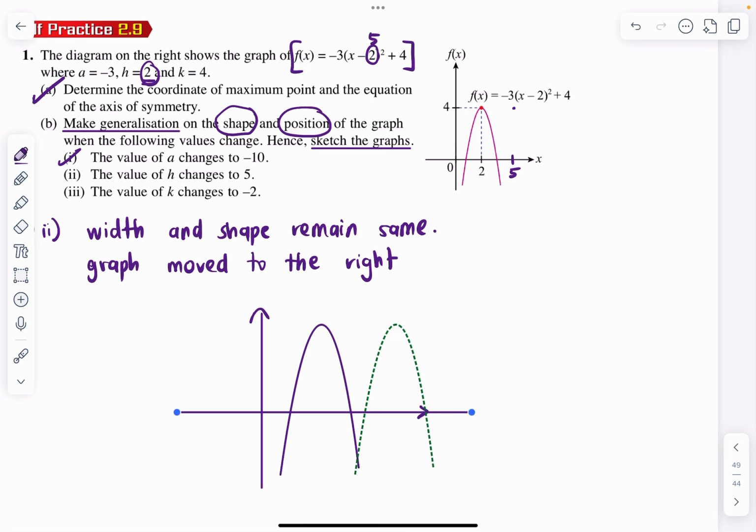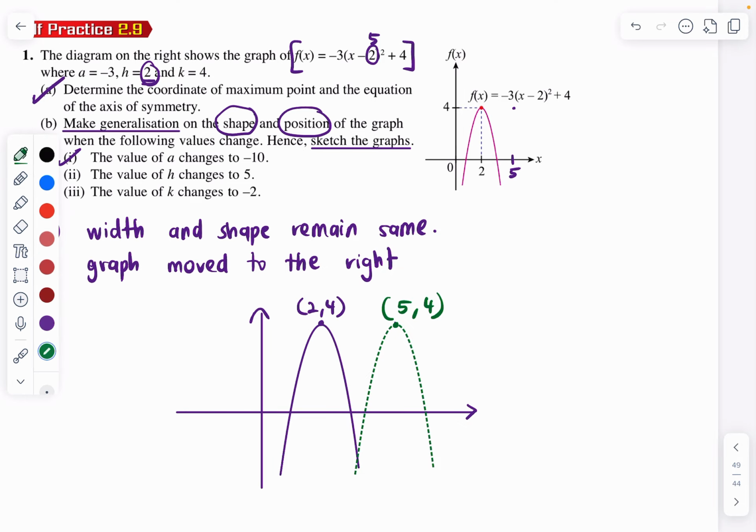Just gonna make it longer. Yep. So our maximum point here was 2, 4. Our new one here is 5, 4. So you can say graph moved to the right by 3 units.